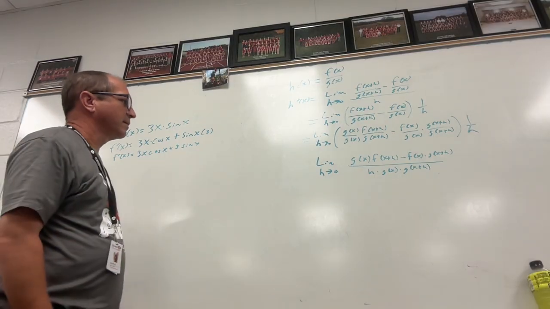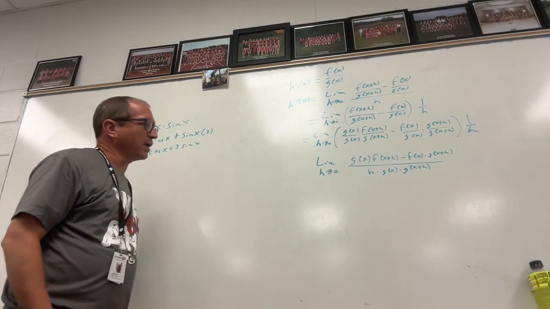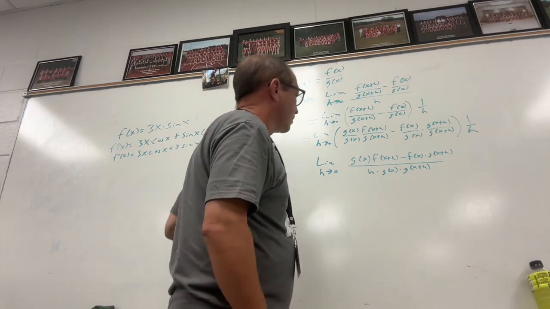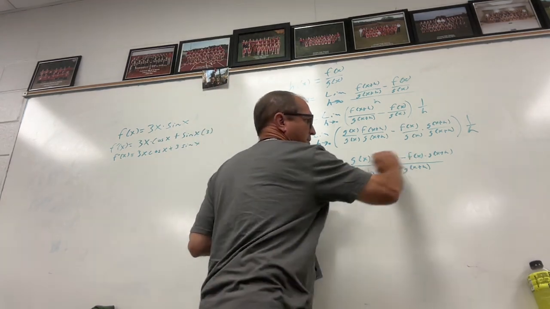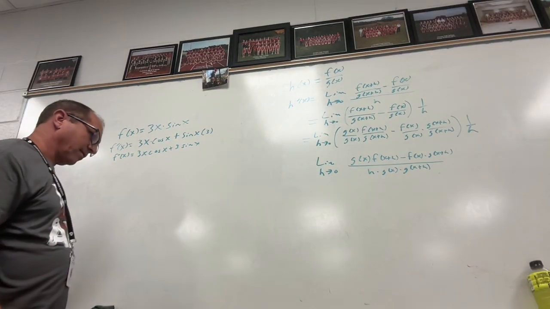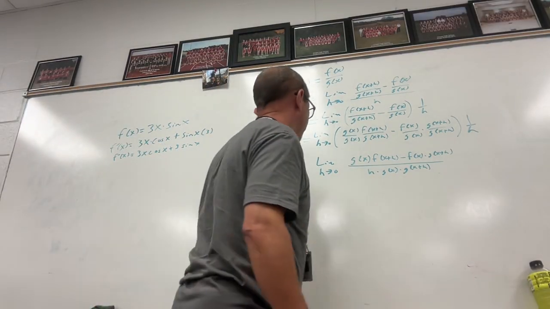All right. Well, I'm going to do just like what I did in the product rule. I'm going to add 0 to the numerator, but again in a different form.